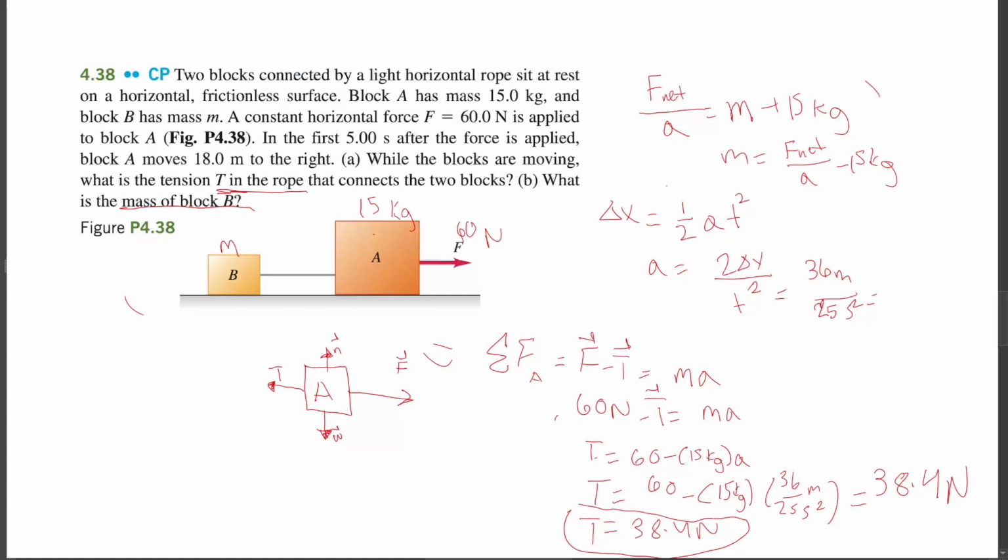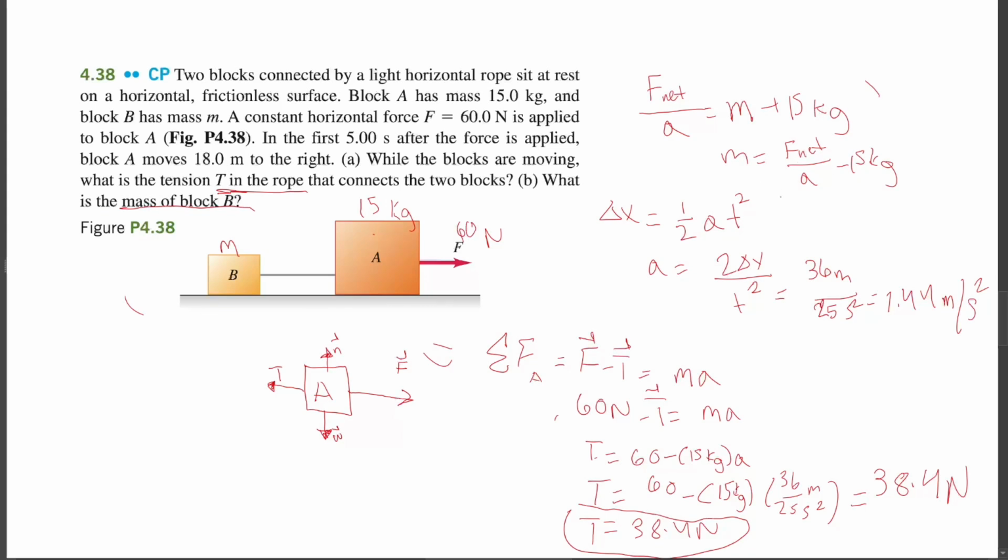We know the net external force acting on the system is 60 newtons, and because the acceleration of block A is 1.44 meters per second squared, that means it's also the acceleration of block B, of the whole system.